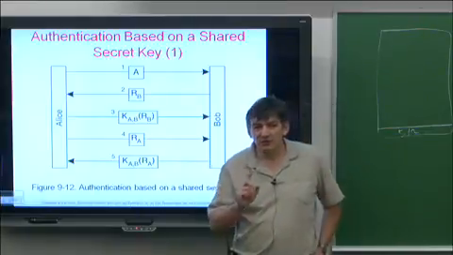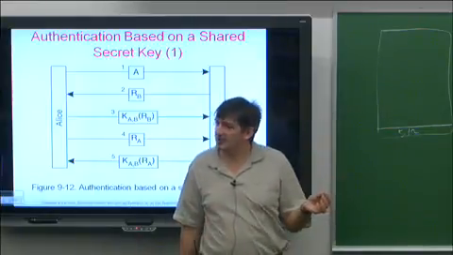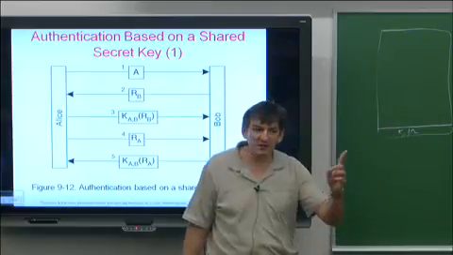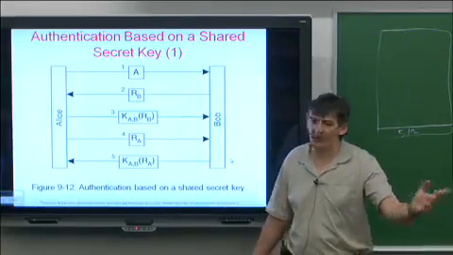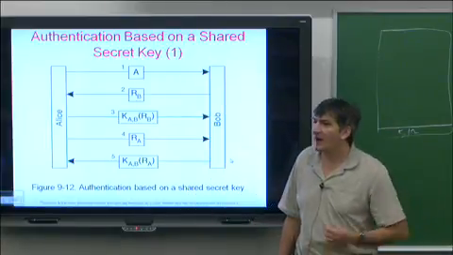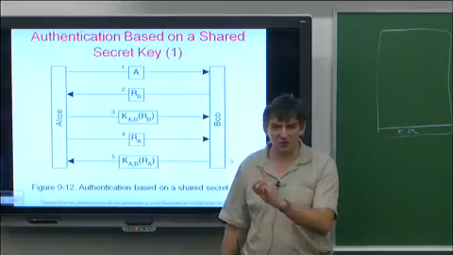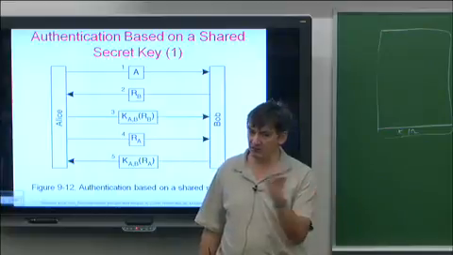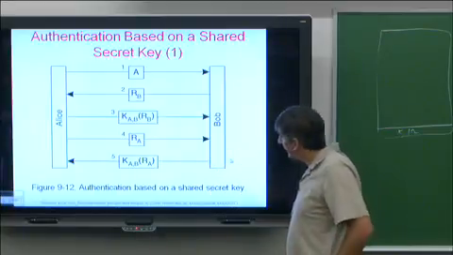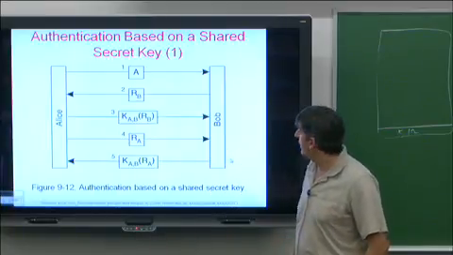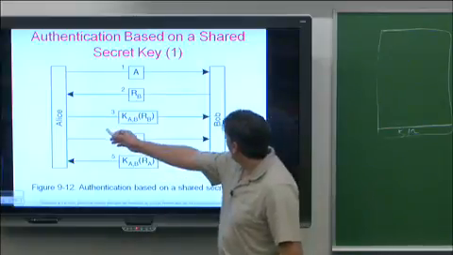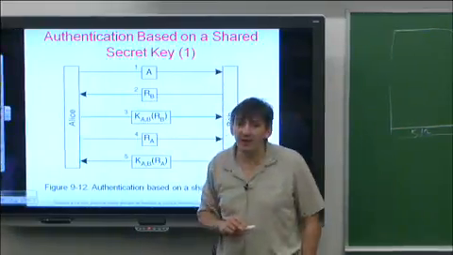Now, notice they cannot use the key as some sort of a password, because once they do, Eve is going to eavesdrop and know the password. So how can you authenticate without ever sharing the password when you have one of these secret keys? And this is what this protocol is all about. Okay? So the protocol could actually go in the following way. Alice announces to Bob, I am Alice.